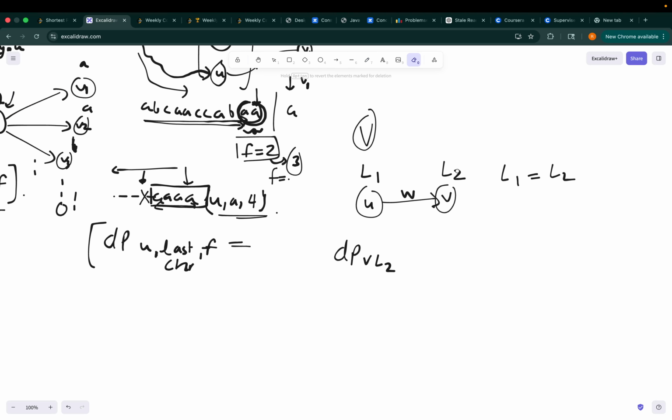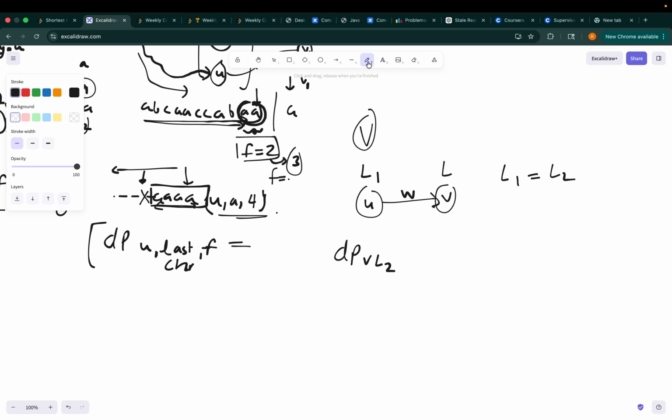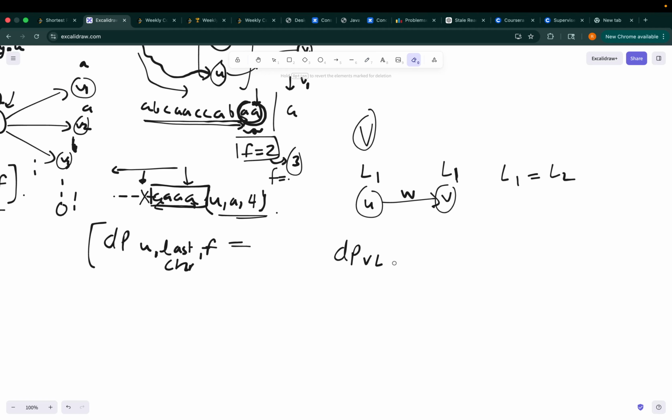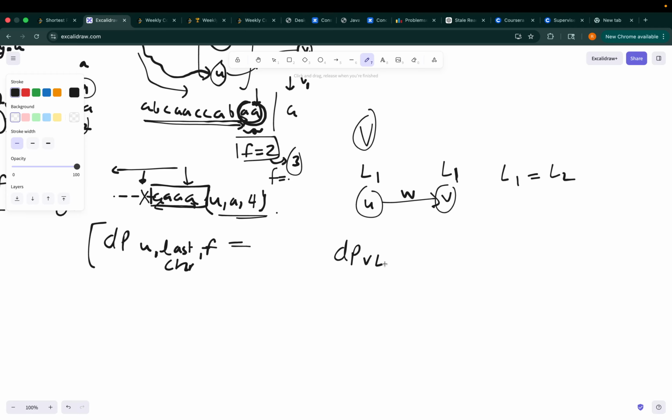Okay, so both are L1 and L1. In this case, the last char will remain the same, L1, and the number of times it occurred will be f plus 1, because both are the same. This would be equal to dp of u, last char L1, f, plus w.